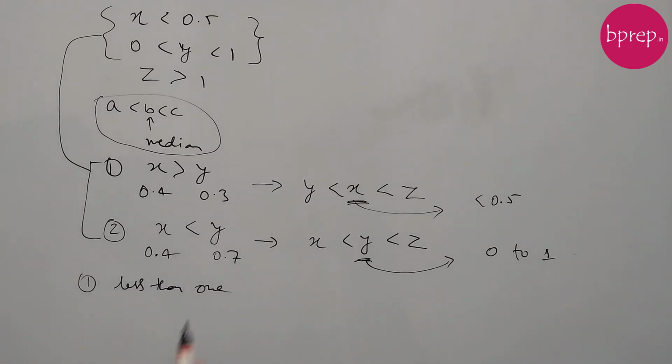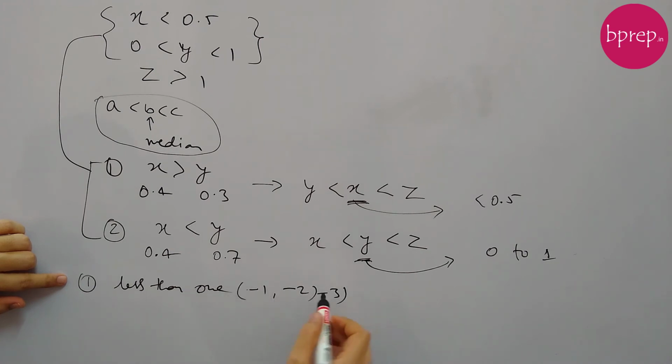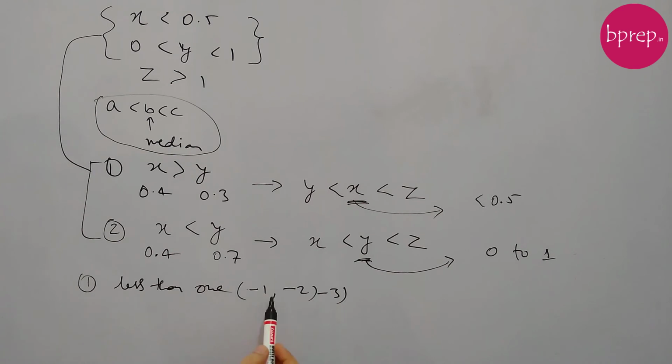Is the median less than 1? Yes, true, but less than 1 also includes negative values like -1, -2, -3, -4, because they are all less than 1. But here that's not possible, because if the second condition is true, then the median will be between 0 and 1 only. So the first option is not correct.